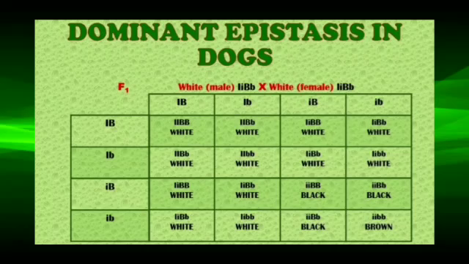That is, small i along with two capital B, or small i with capital B small b, produces black color, and small i with small b produces only brown coat color. And when two such white coat colored dogs are crossed, in F2 the white, black and brown coat colors appear in 12:3:1 ratio as shown in the figure.